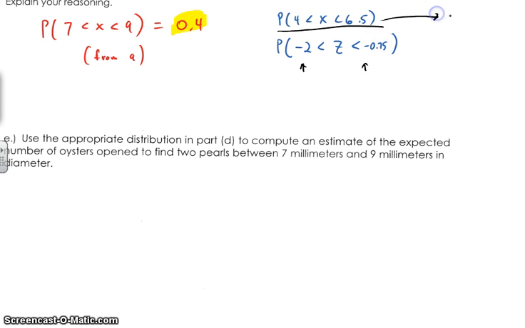And if you're like, well, how did you get that? It's 6.5 minus 8 over 2. That's how I got that. I put that in the calculator, and I found that this probability was 0.2, I believe. So it's more likely to find a pearl between 7 and 9 millimeters than it is between 4 and 6.5.